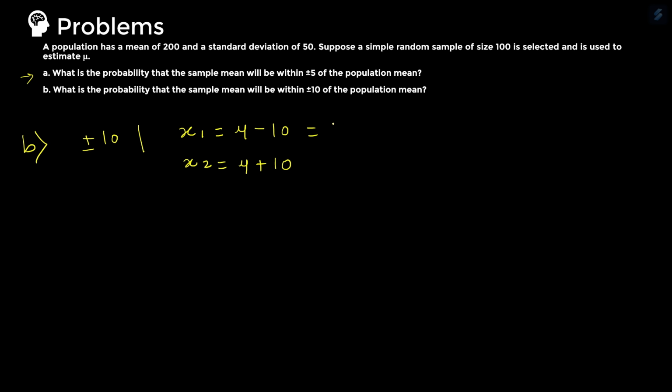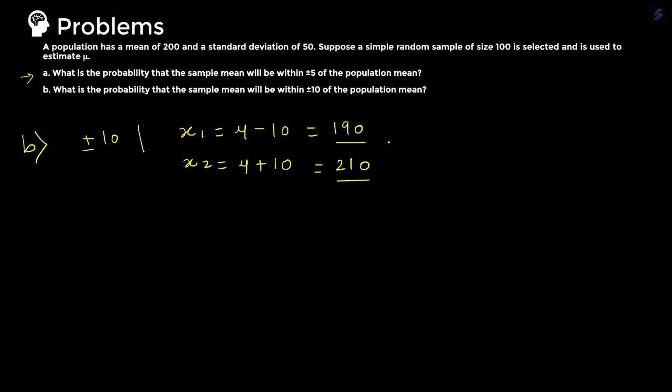So our mu is 200. In this case we will have 190 as x1, and 210 as our x2. So this is going to be your homework, or I'll say your own objective.